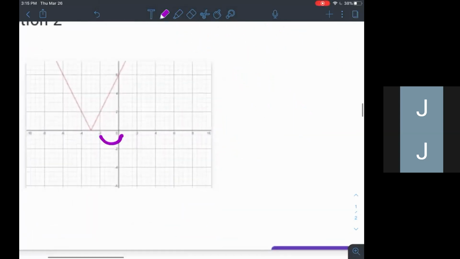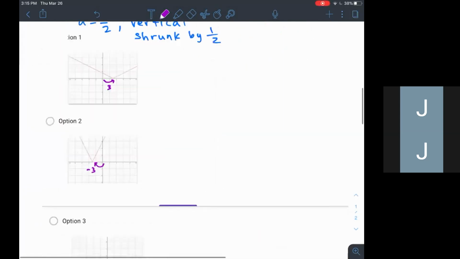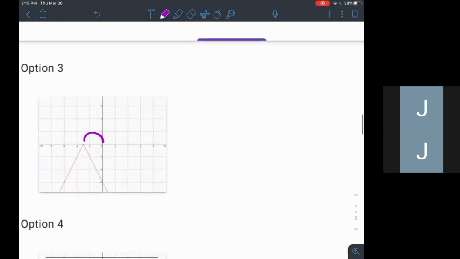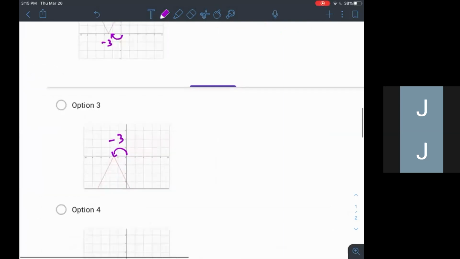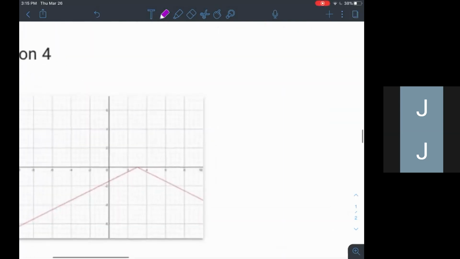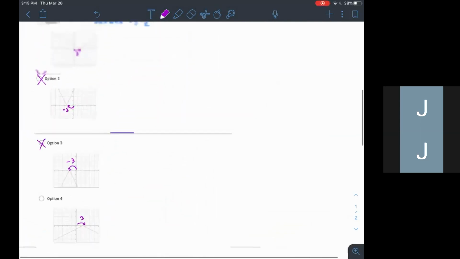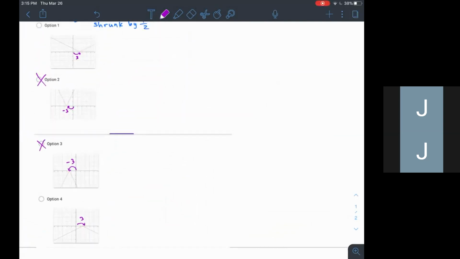This one, no good. It got shifted 3 units to the left, so this one's out. Option 2 is no. Option 3 got shifted 3 units to the left. No. And option 4 got shifted 3 units to the right, so that's still in play. Now, really what it comes down to between options 1 and 4 is that one of our absolute values, our v, is opening upwards and the other one is opening downwards.